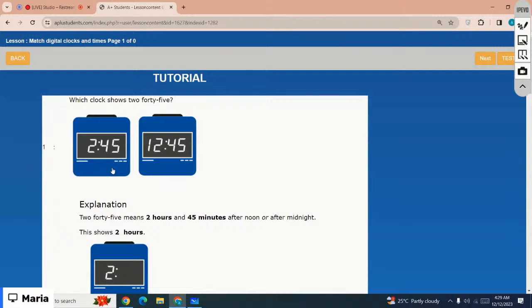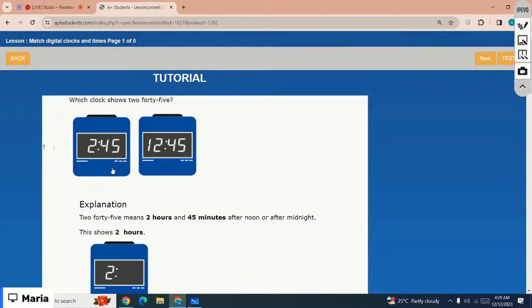Which clock shows 2:45? Which is the correct option? 2:45 means 2 hours and 45 minutes.